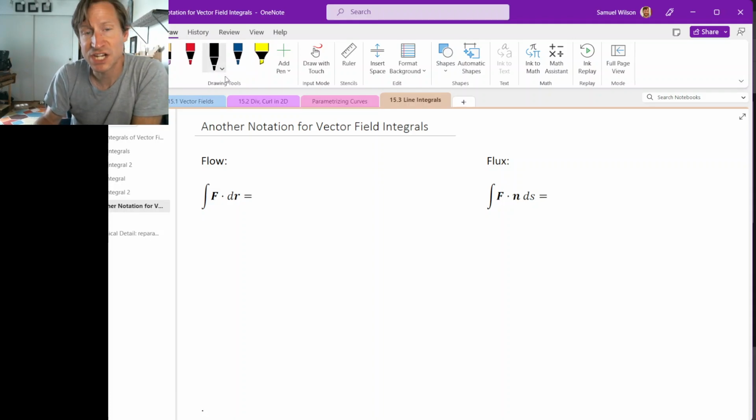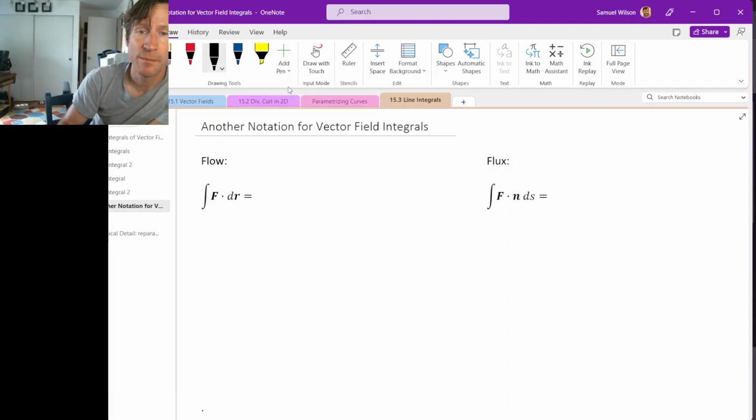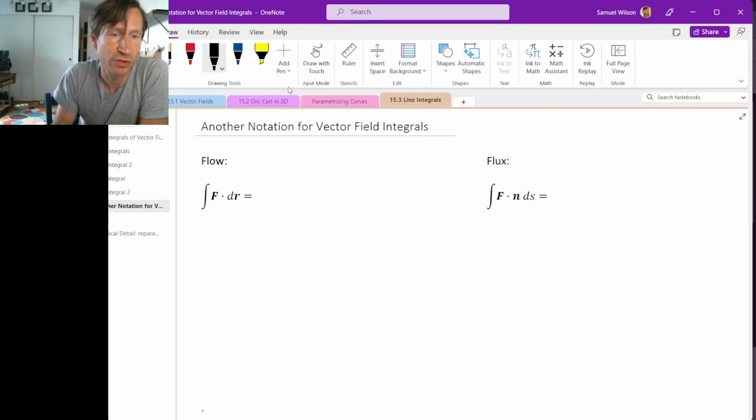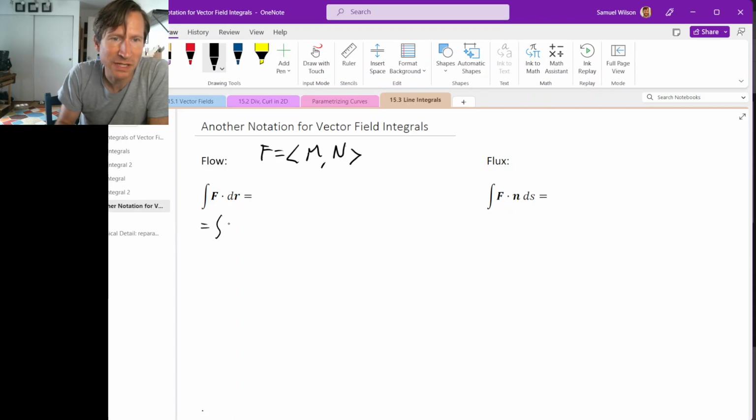There is another nice notation that many people use for vector field integrals. In this context, let's stick with 2 dimensions. So we have a vector field with 2 component functions, M and N. For a flow integral, if we parameterize this, it would be F dot r prime dt.